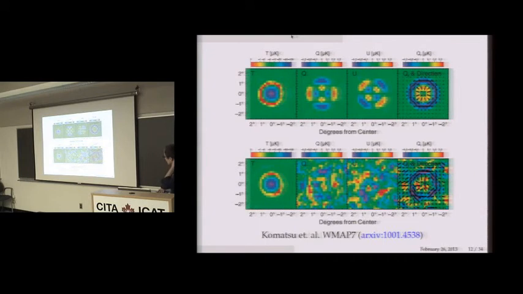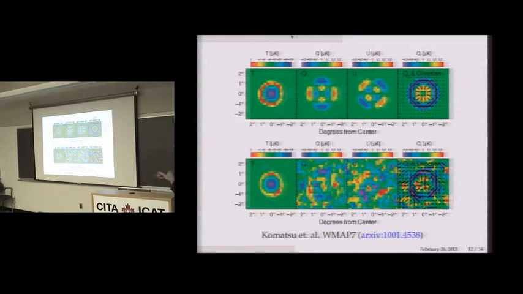And in the standard picture, there's a correlation between temperature and E modes. So if you stack all of the hot spots or all of the cold spots in the CMB, which actually correspond to overdensities in the early universe, you get a plot like this. So there's a central peak or central trough, and then a BAO feature off its center.